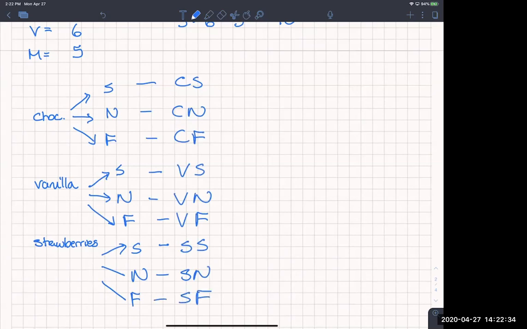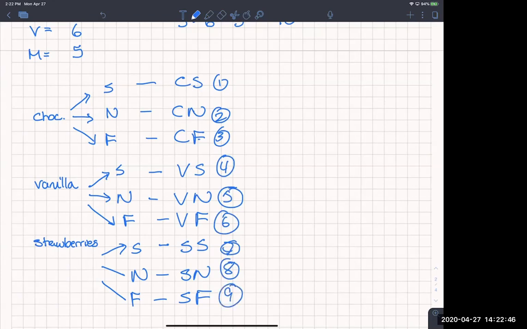So the total number of combinations is 1, 2, 3, 4, 5, 6, 7, 8, 9. So 9 different combinations. We could have easily gotten that instead of doing this method. We could have said there are 3 flavors and 3 toppings per flavor, so 9 total combinations. And that's the fundamental counting principle.